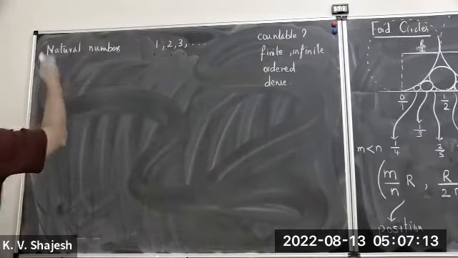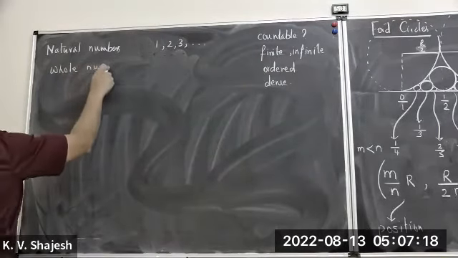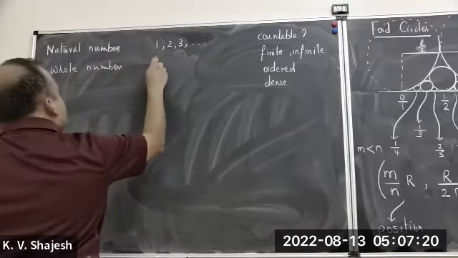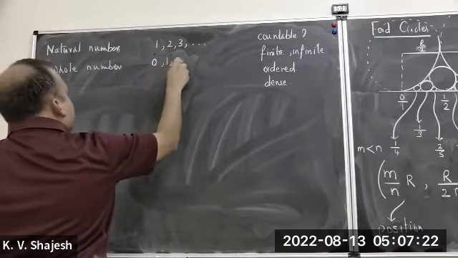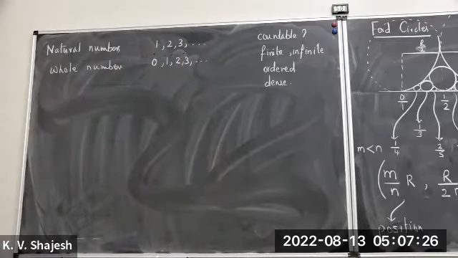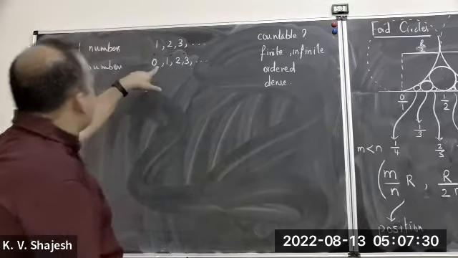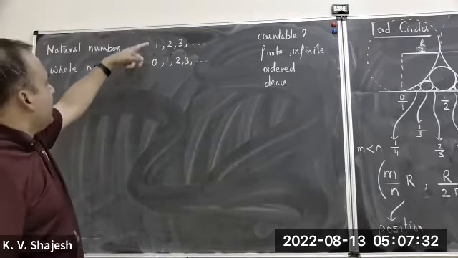So that's natural numbers. Next is whole numbers. It's just 0, 1, 2, and so on. You add a 0 to that. That's just a name associated with it, and it has almost all the properties of this. And then you say, how do you count this set?